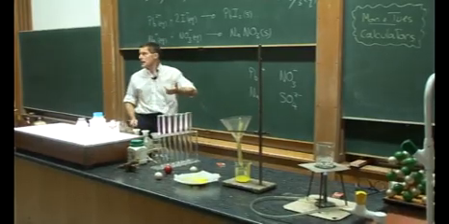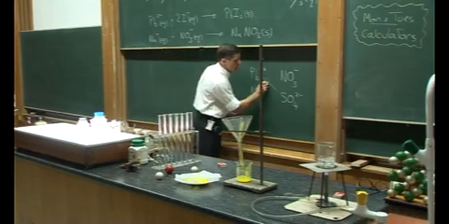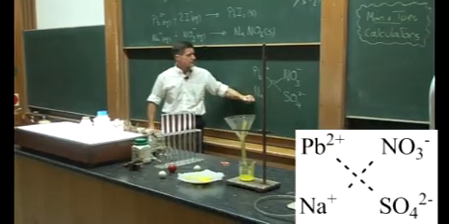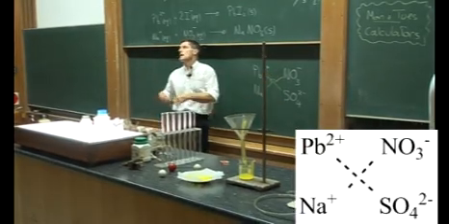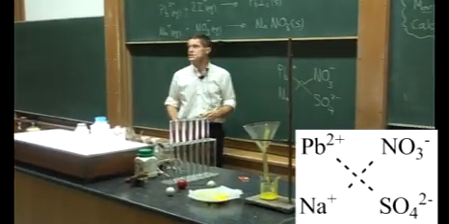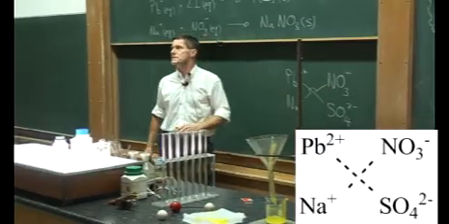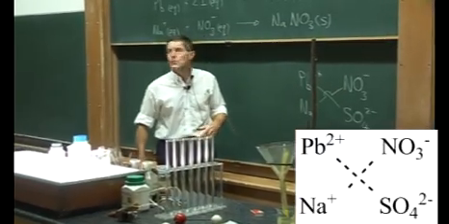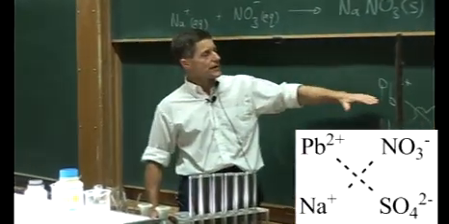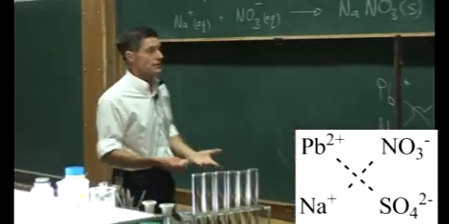I firstly write down the ions. I identify two possible products, lead sulfate or sodium nitrate. I then go to my solubility table and find that all nitrates are soluble. So sodium nitrate's not going to precipitate from the reaction. And while almost all sulfates are soluble, we find that lead sulfate is one of those that is not soluble.